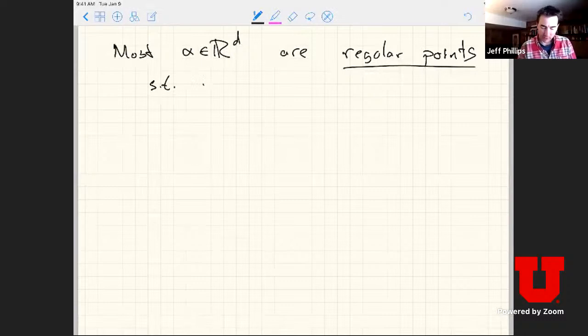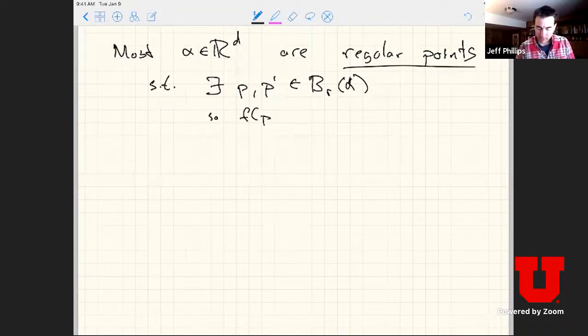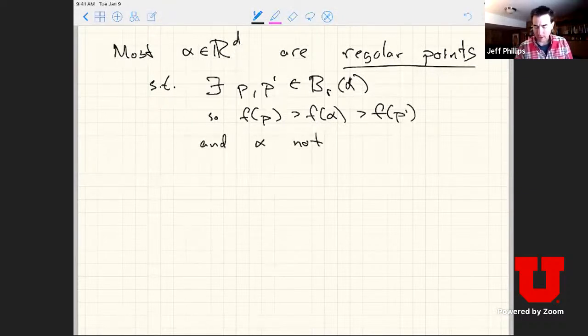such that, let's see, there exist P and P prime in the local neighborhood, so f of P is greater than f of alpha, and f of alpha is greater than f of P prime, and alpha is not a saddle point.